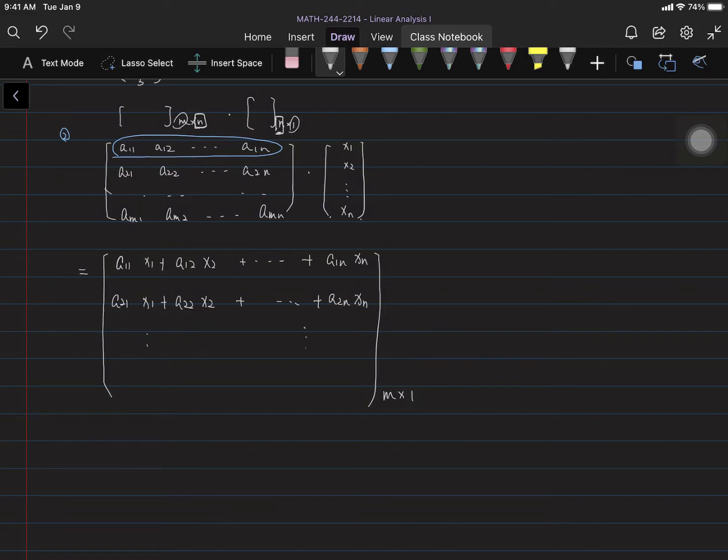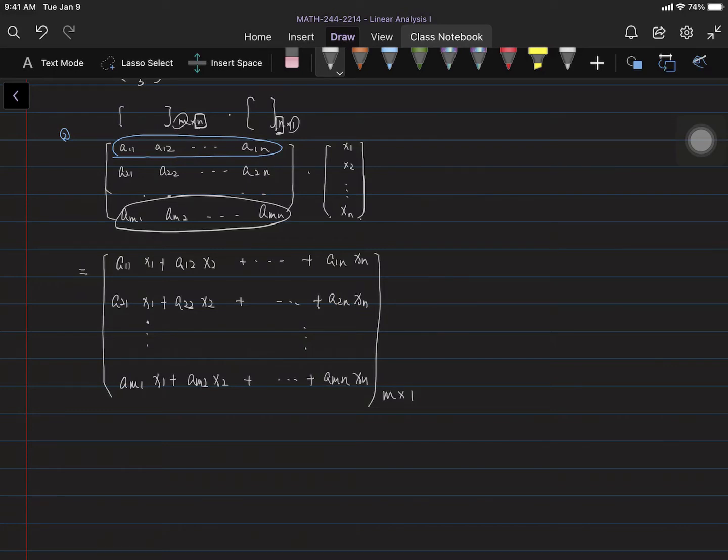Skip the middle rows. So the last row, we are going to use the last row in the matrix A, times that column. It's going to be am1 x1, am2 x2, amn xn.